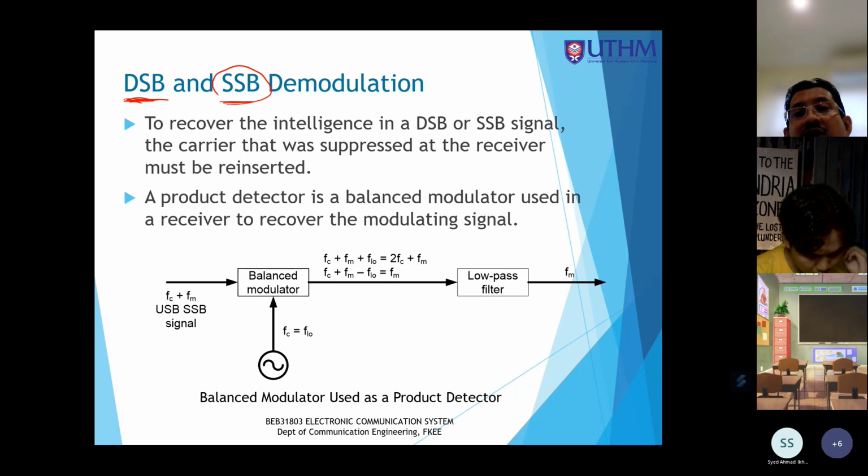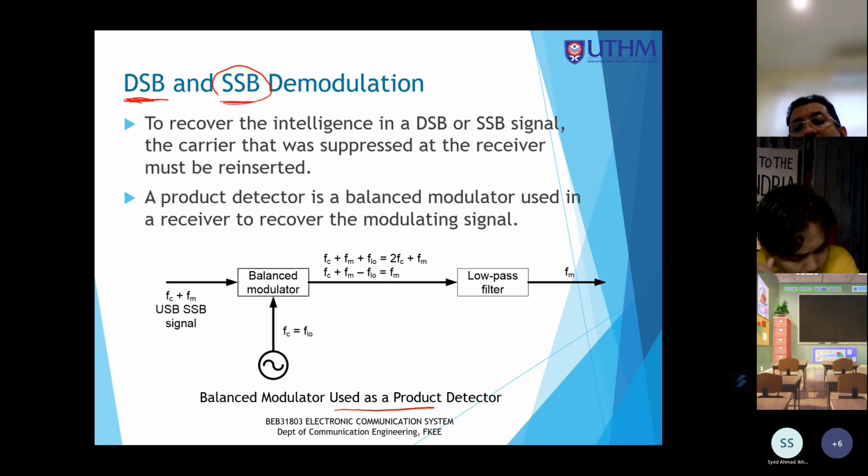Okay, so ini adalah contoh, sekiranya kita menerima double sideband suppressed carrier ataupun single sideband signal. So we want to do the demodulation at the receiver side. Okay, so apa yang dicadangkan di sini adalah menggunakan balance modulator dan juga product detector. Use a balance modulator as a product detector. So kalau you lihat ini berada pada receiver, so jangan terkejut kerana kita ada lagi perkataan modulator di sini.